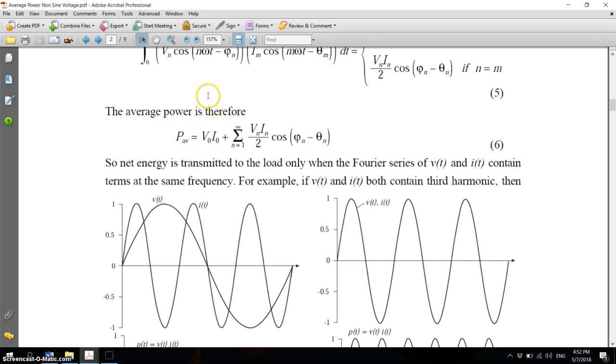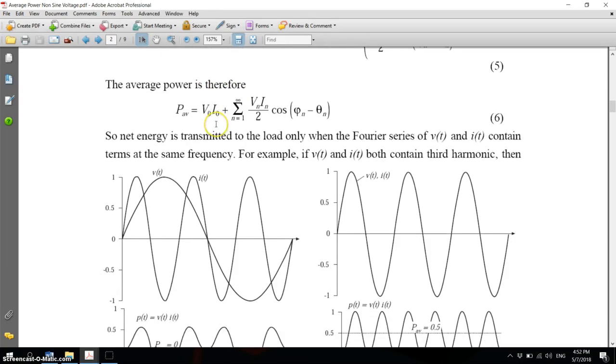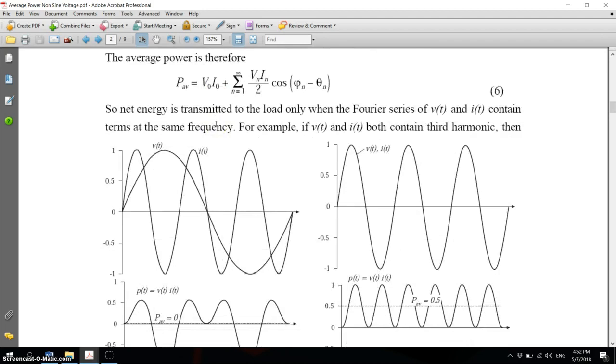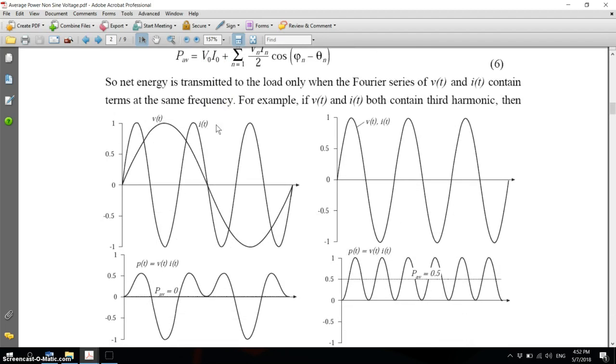This is the peak value V1, I1, and the cosine of the angle between voltage and current, divided by 2. So it comes back to the original equation that we knew before. I hope you can go through this example in further detail.